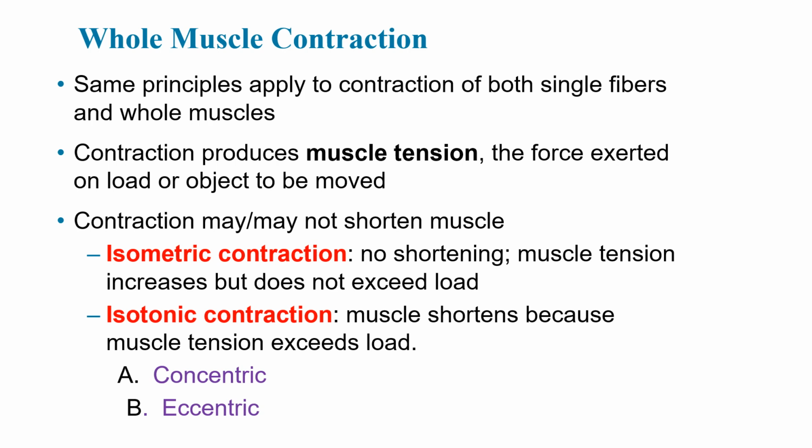That's a release, like doing a reverse on a pull-up. That's an eccentric motion, and those things can cause different types of compensatory responses in muscle in terms of development and fitness, concentric versus eccentric contractions.